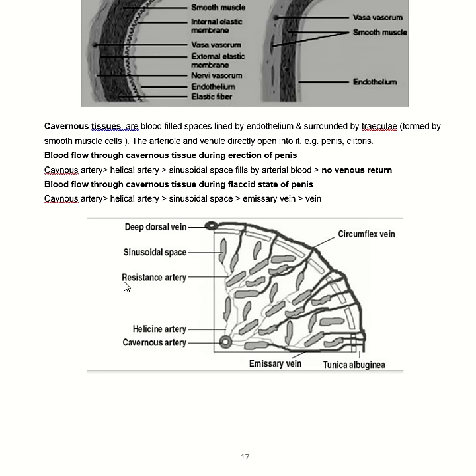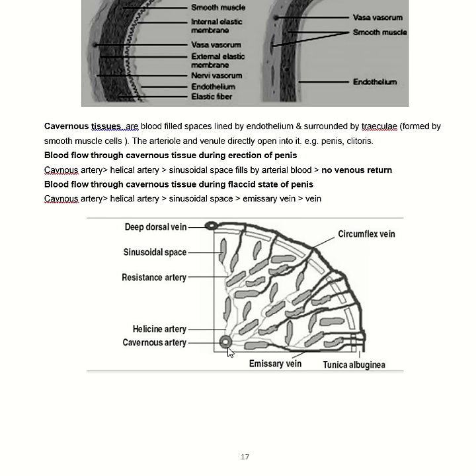The cavernous tissue consists of blood-filled spaces lined by endothelium and surrounded by trabeculae, and arteries and veins open directly into it. These are the sinusoidal spaces, and these spaces are filled by blood from the artery.